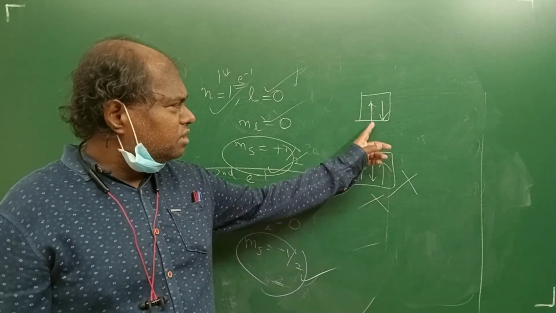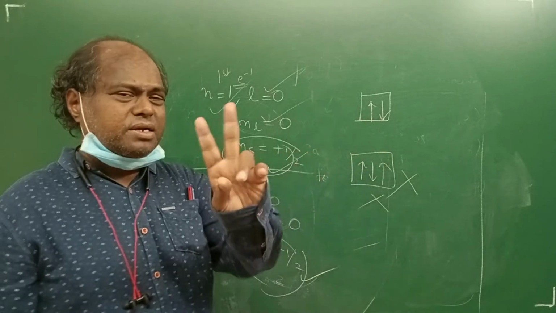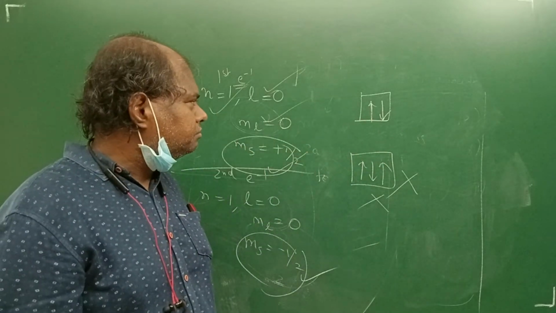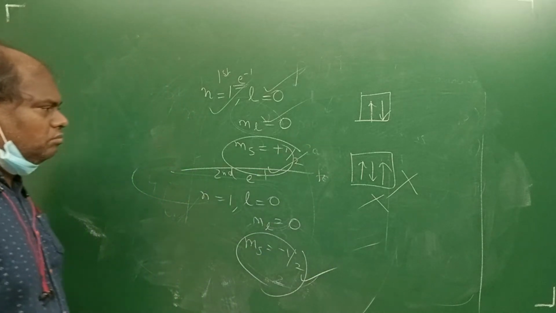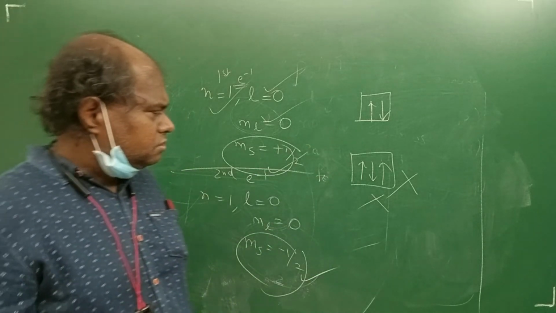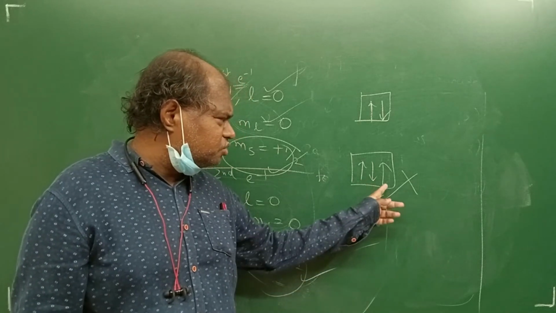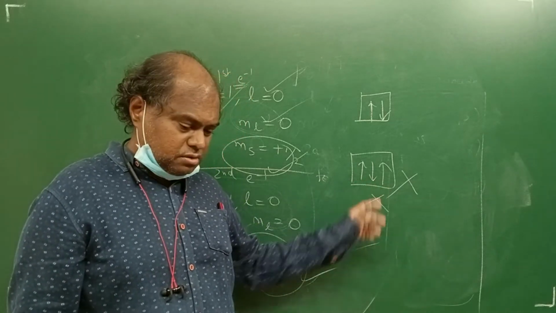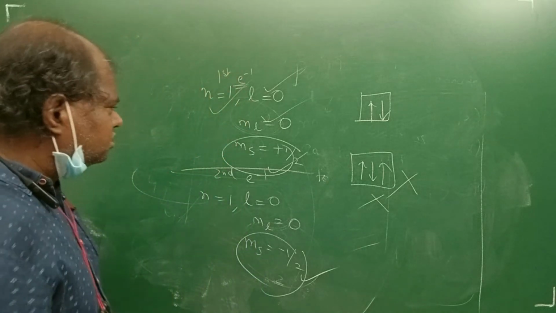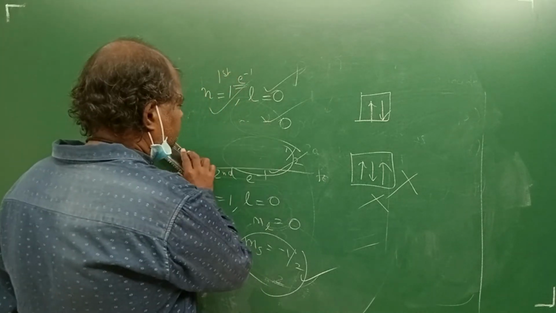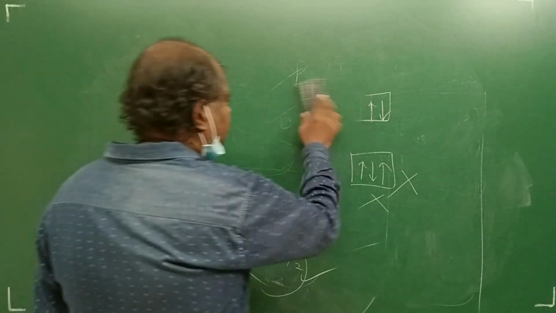That's the reason why I'm telling you that one box can take maximum two electrons only. This is coming from Pauli's rule, right? Clear? I hope you're getting why this is wrong, because these two will have same numbers. This is about Pauli's rule. I hope you're getting it.